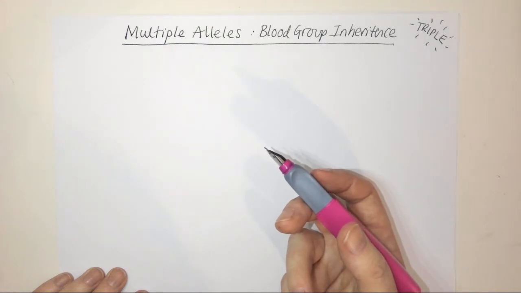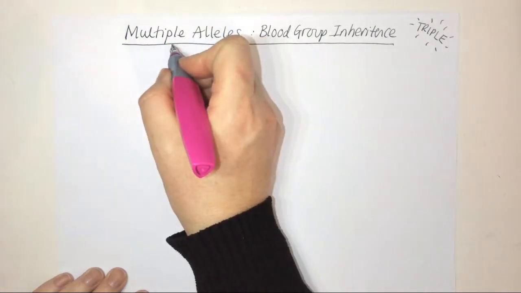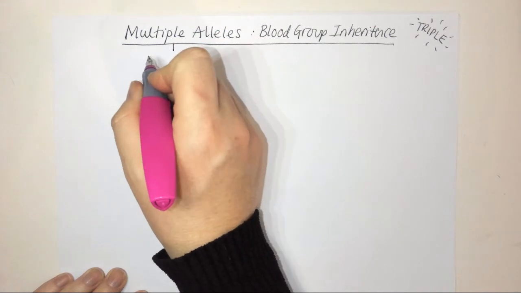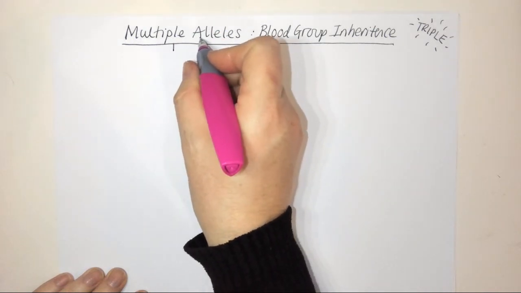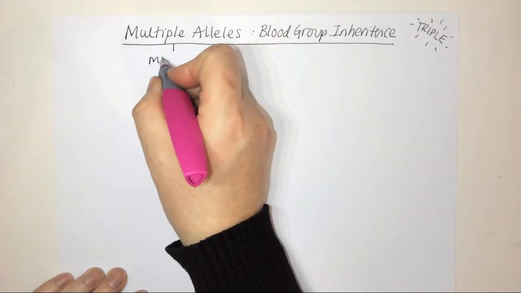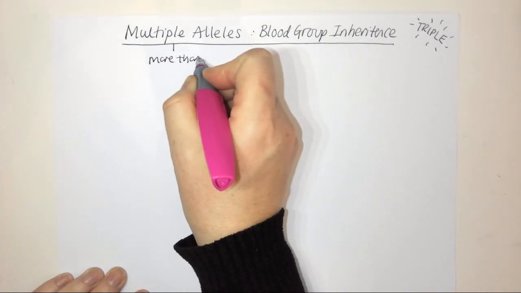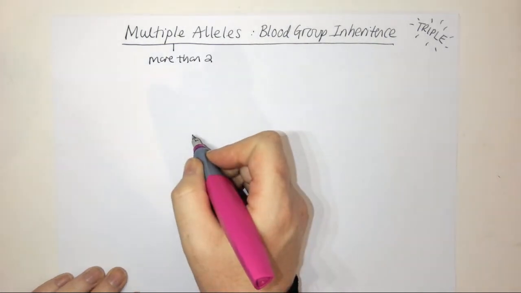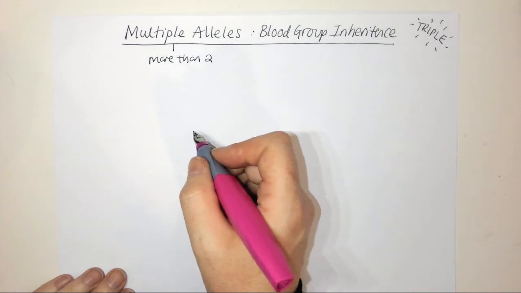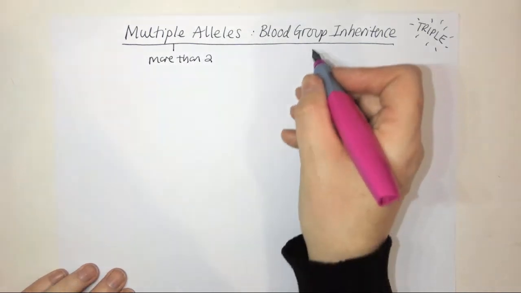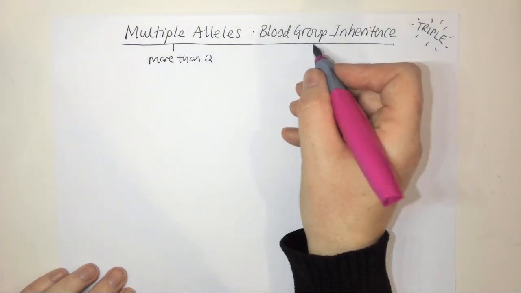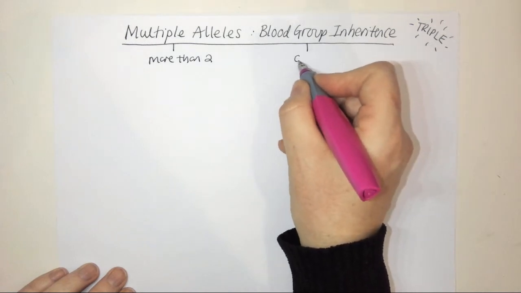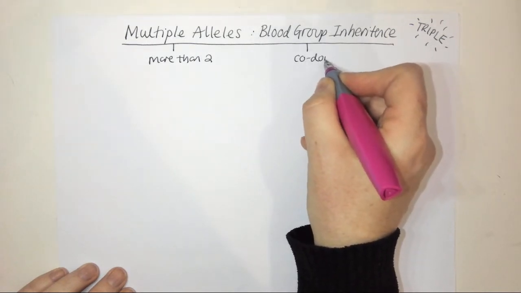Multiple alleles is when we're looking at the inheritance of characteristics which involve more than two alleles. And when we're thinking about blood group inheritance, we actually have an example of something called codominance.